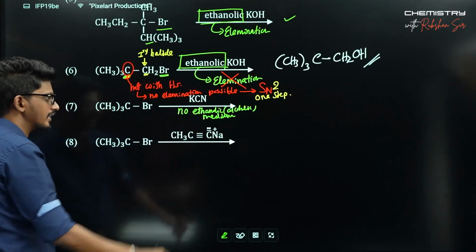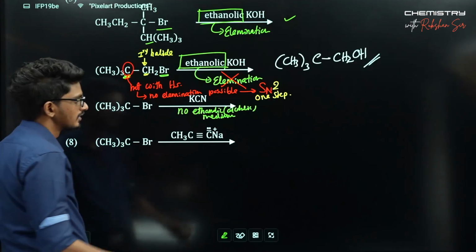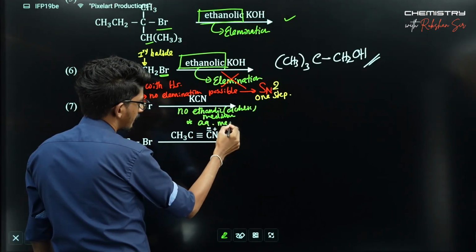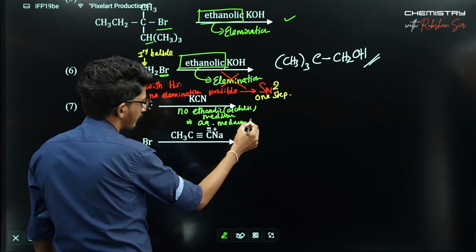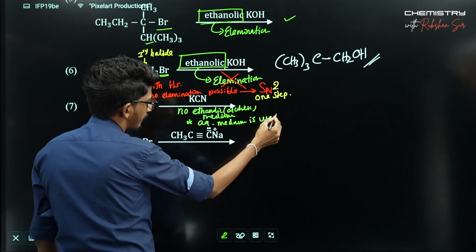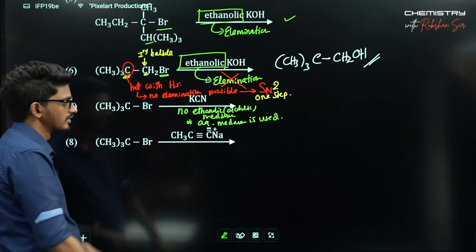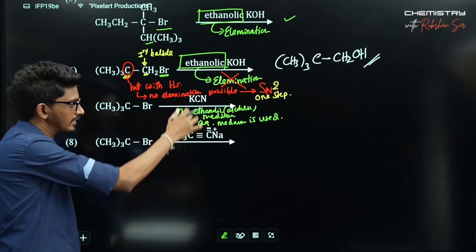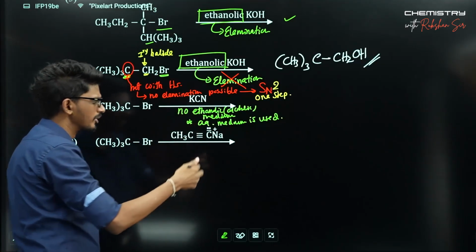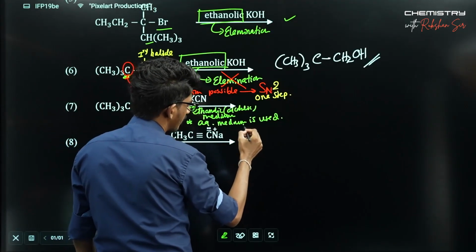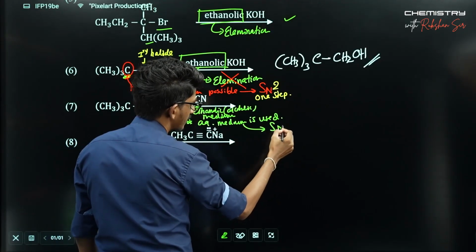That means normally aqueous medium is used. If a special medium is used, they should indicate it, but they haven't indicated it here. So normally aqueous KCN is used, so we are thinking of nucleophilic substitution.